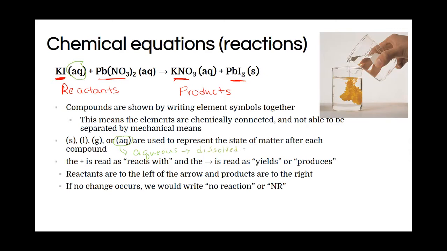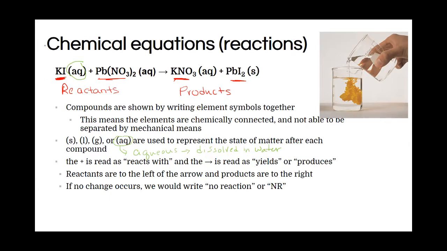The other states of matter are the ones that we discussed in class, right? So solid, liquid, and gas, S, L, and G. So when we do a chemical reaction, we want to indicate what state of matter everything is. It helps us to figure out what it does.